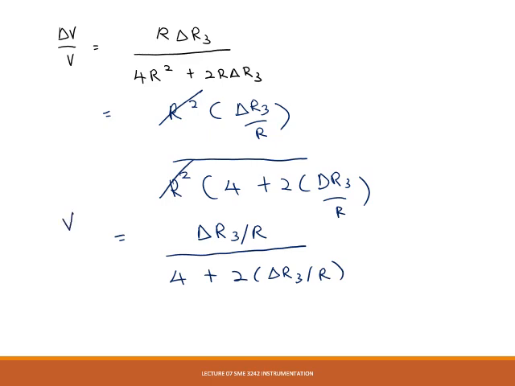Okay, delta V over V. So this is the final equation considering R1 equal to R2 equal to R3 equal to R4, and only R3 changes with some change of resistance.